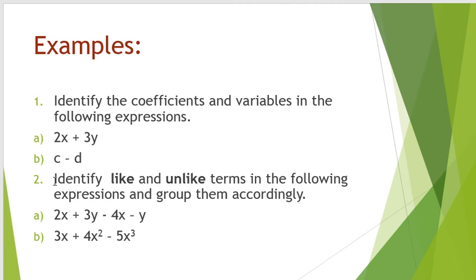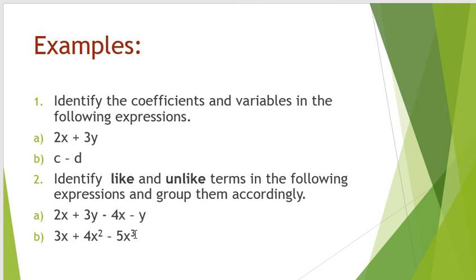Question number 2: identify like and unlike terms in the following expressions and group them accordingly. A, 2x plus 3y minus 4x minus y. And then B, we have 3x plus 4x power 2 minus 5x power 3.